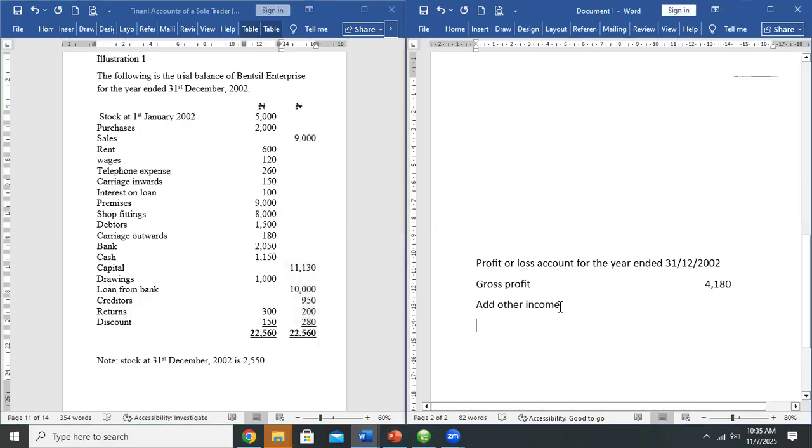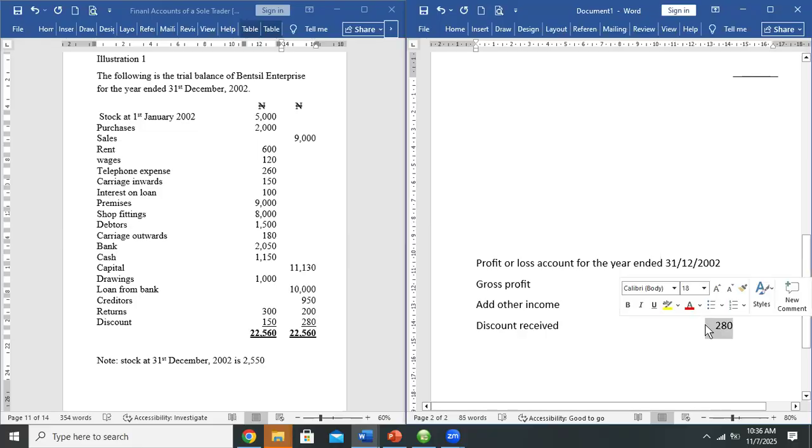So add other income, discount received. Since it's just the discount received, you can add it straight away to your gross profit, right? So 280. You add it, that's the only income we had.